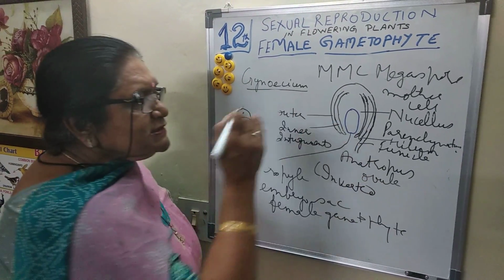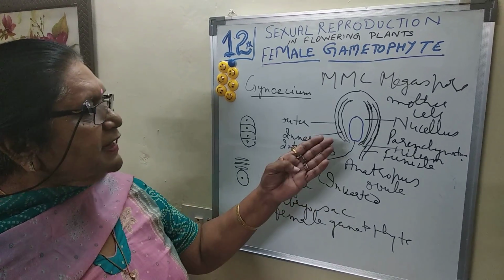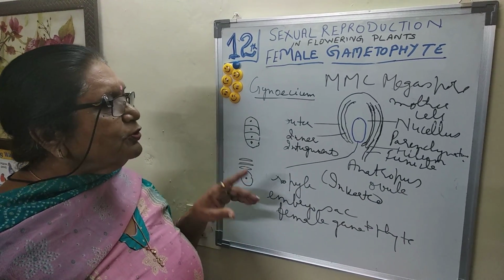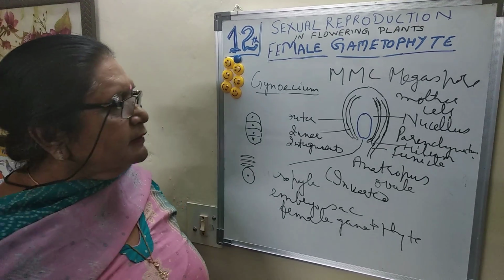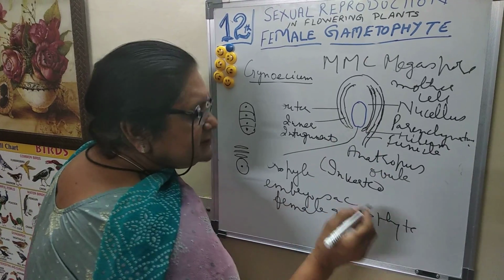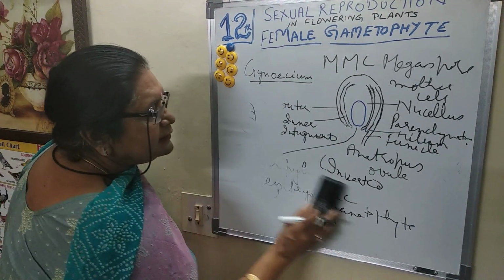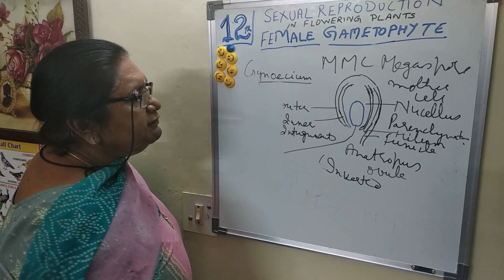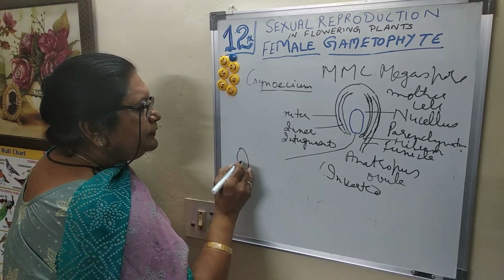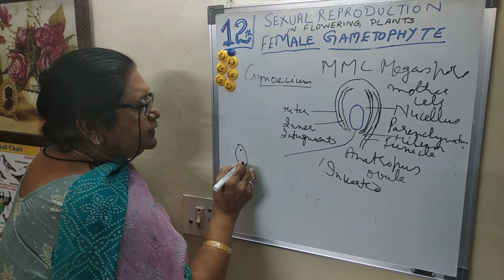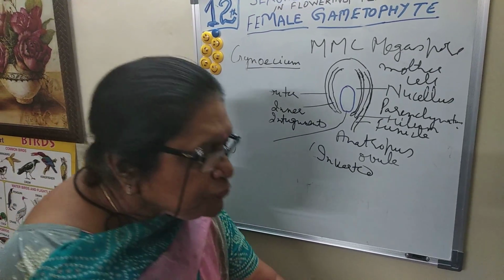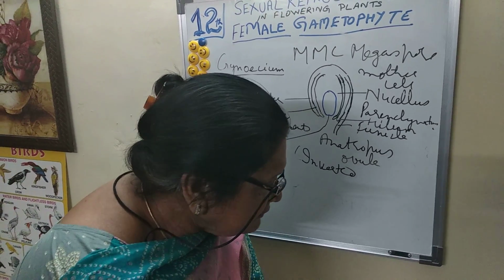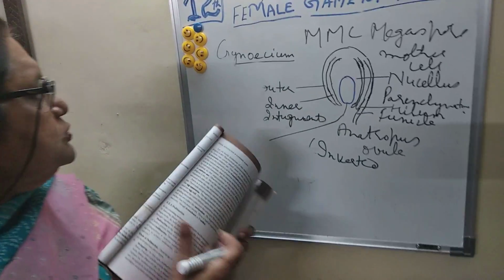Now this functional megaspore divides by mitotic division. First, two nuclei are formed, and these two nuclei migrate to both ends. This is given in your NCERT and can come in the paper.